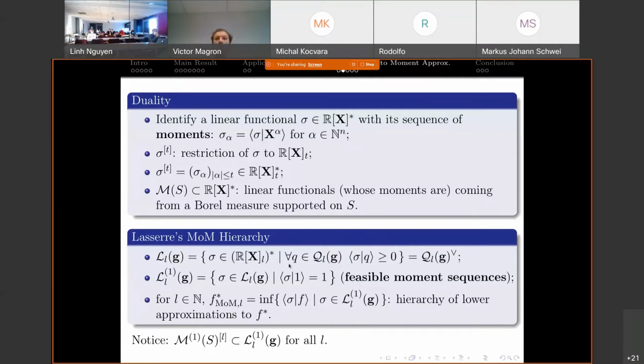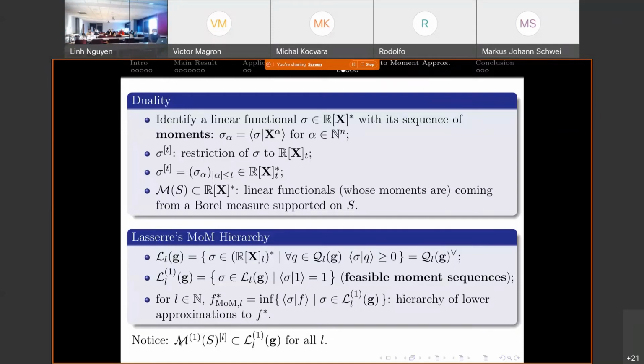So we consider the linear functionals such that sigma applied to 1 is equal to 1. And these are the feasible moment sequences, if you want to use another language. So for L a natural number, we define F star MOM L as the infimum of sigma applied to F such that sigma is a feasible moment sequence. And this gives a hierarchy of lower approximations to F star.